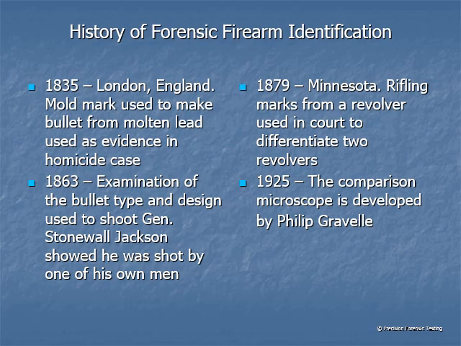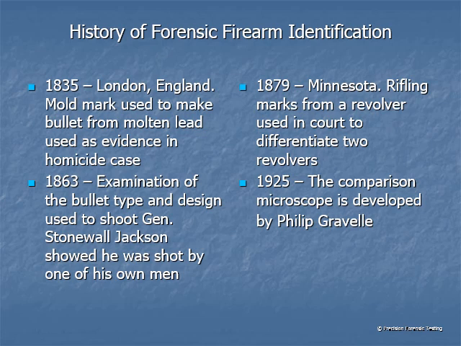Some very brief background on forensic firearm identification: one of the first documented cases of trying to tie a bullet back to a particular weapon was in 1835, when they took the bullet and made a comparison in a homicide case.